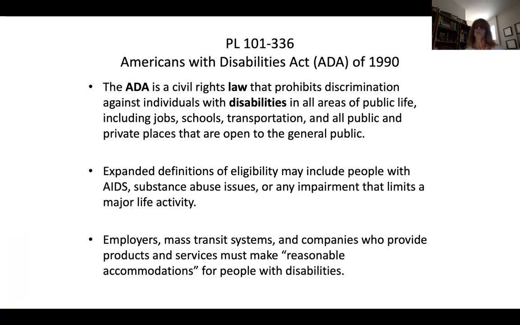So when you look at ADA, it's a civil rights law that prohibits discrimination against individuals with disabilities in all areas of life. The expanded definitions also went on to include those who had AIDS, substance abuse issues, or any kind of impairment that limits a major life activity. It has consequences for employers, mass transit systems, and other companies to provide services and accommodations for those with disabilities.